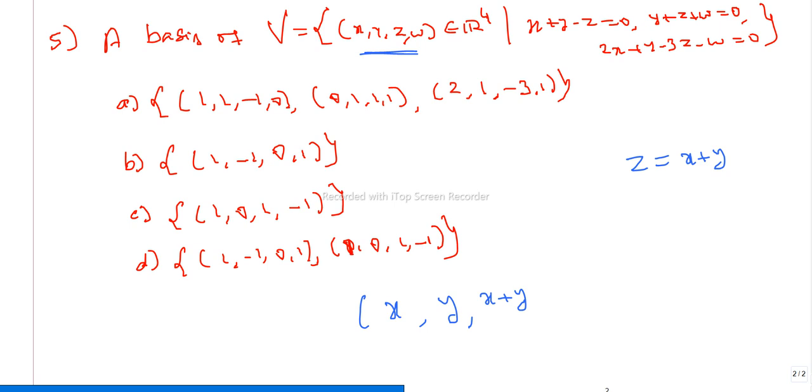Look at the second equation, y plus z plus w equal to 0, therefore w equal to minus y minus z, which equals minus x minus y, therefore minus 2y minus x. So you can replace w by minus 2y minus x.